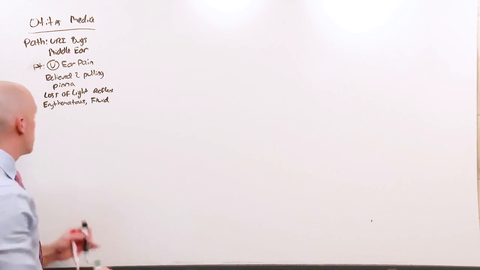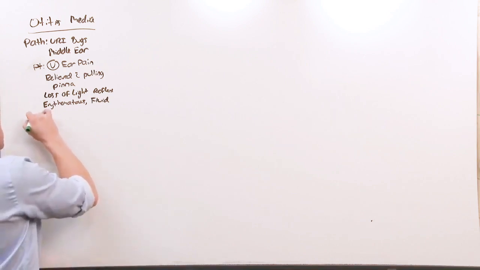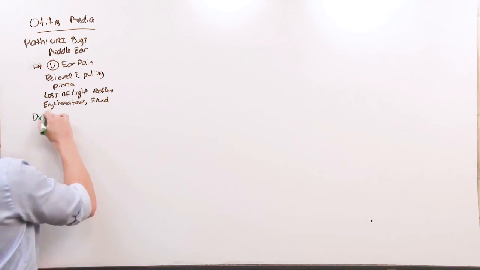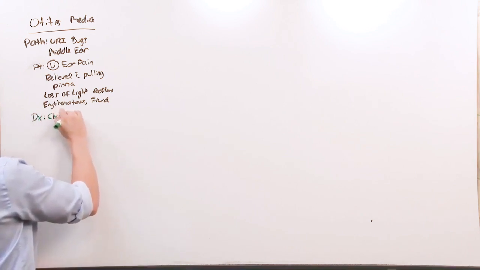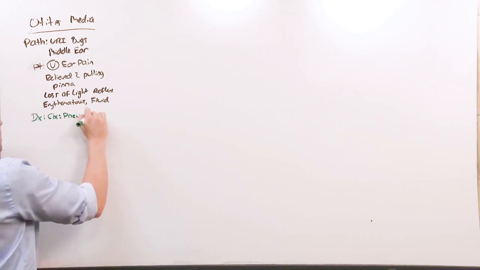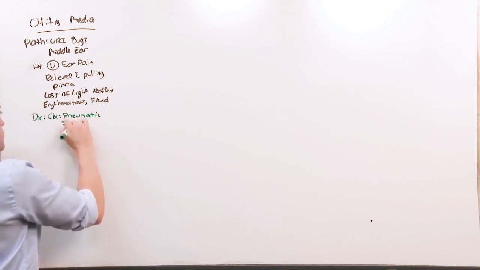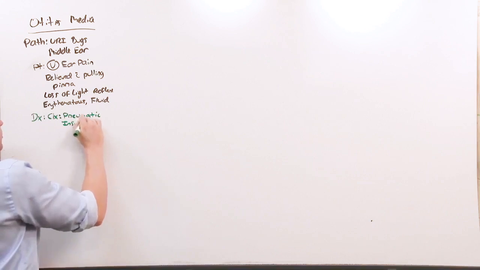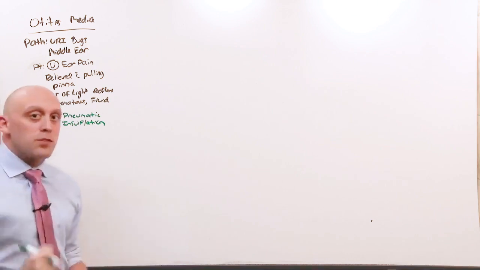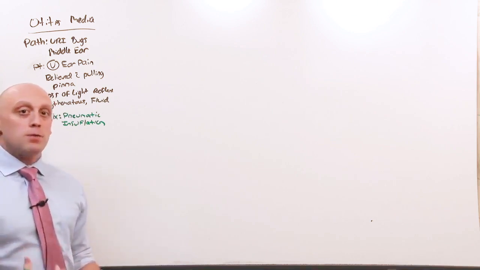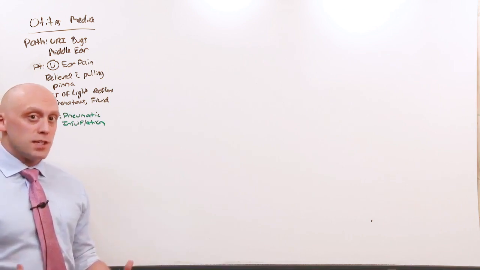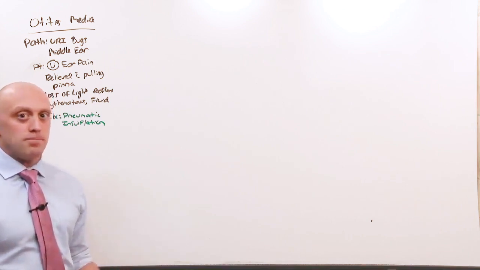The only thing is actually a physical exam maneuver. The diagnosis is made clinically with pneumatic insufflation. That is, while you're looking in the ear, you puff some air. If the tympanic membrane stays rigid and doesn't move, you've got otitis media.